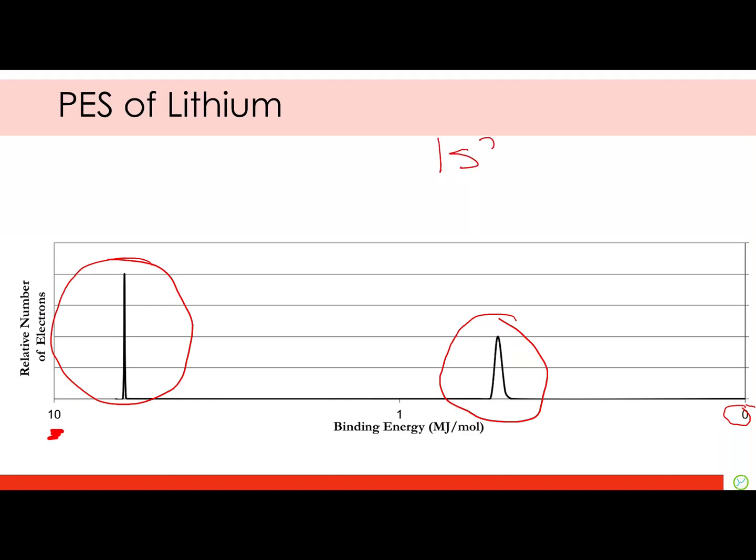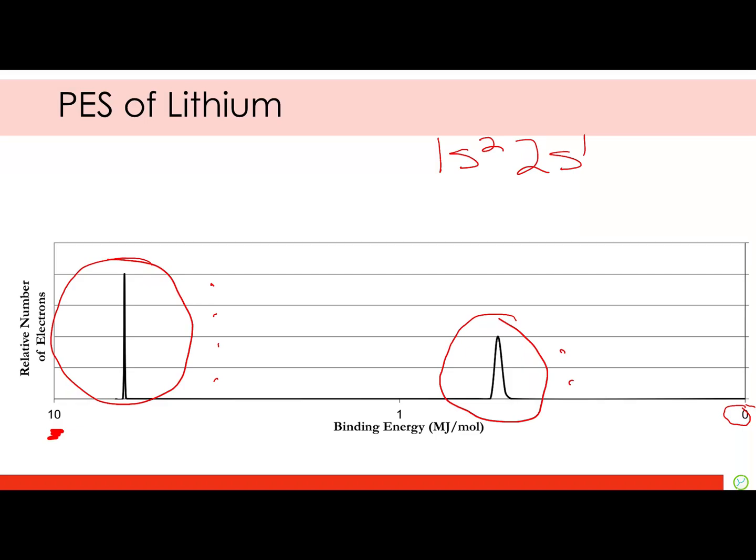And lithium, if you remember the electron configuration, has 3 electrons: 1s2, 2s1. What we'll see here is, notice the lines: 1, 2, 3, 4. The peak height here is 4, and the peak height here is 2. So there are half as many electrons in our peak of lower energy than in our peak of higher energy.